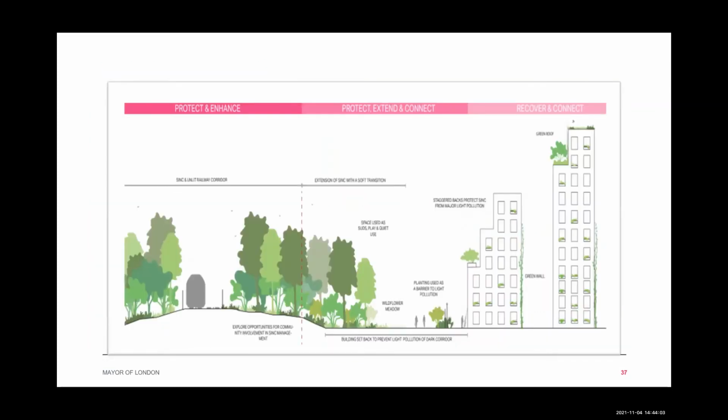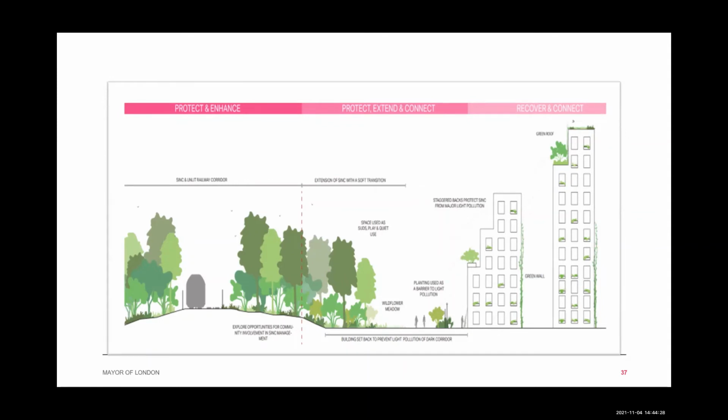We also include information in the document about how approaches to public realm design and even building design can be considered to protect nature, but also to draw natural features into the development and extend and reconnect local ecological networks.